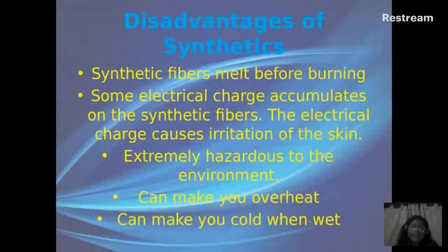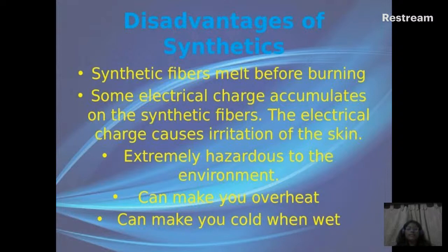Now, the disadvantages, since everything comes with both advantages and disadvantages, which makes a clear picture. So what are the disadvantages of synthetic fibers? They melt even before burning. So they say don't wear synthetic clothes on Diwali, because a little bit of fire and it will burn.